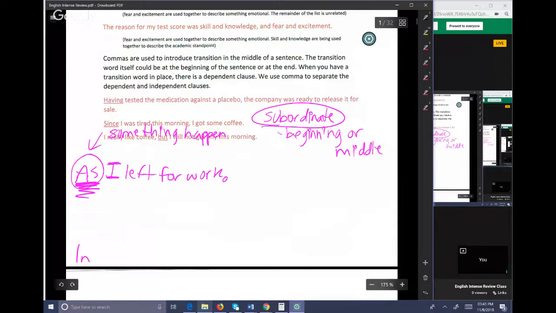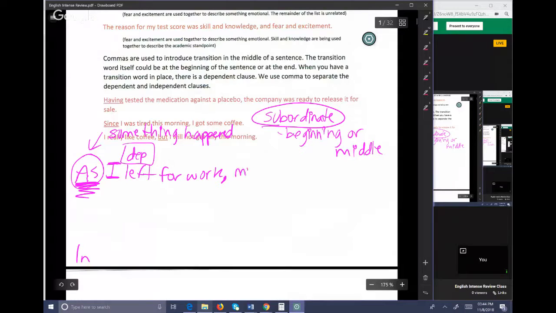So my point, when I put a conjunction at the beginning of the sentence, what I immediately do in terms of what I'm relating to my reader is I immediately point out the fact that I'm not focused on that. I'm not just trying to tell you I left for work. If I was, I would just say "I left for work." I'd put a period there, and that would be a simple sentence. "As I left for work" says something else happened. That would make this now a dependent clause. This clause cannot exist by itself because it has a conjunction in it.